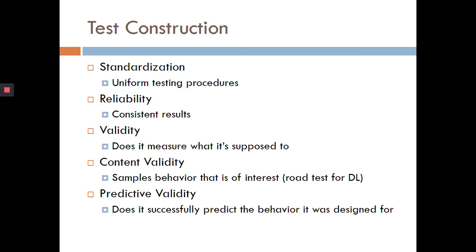Okay, then your tests also have to be reliable. Are you going to keep getting consistent results? That's how you know if a test is measuring what it's supposed to. Okay, and reliability is also going to tie into validity.